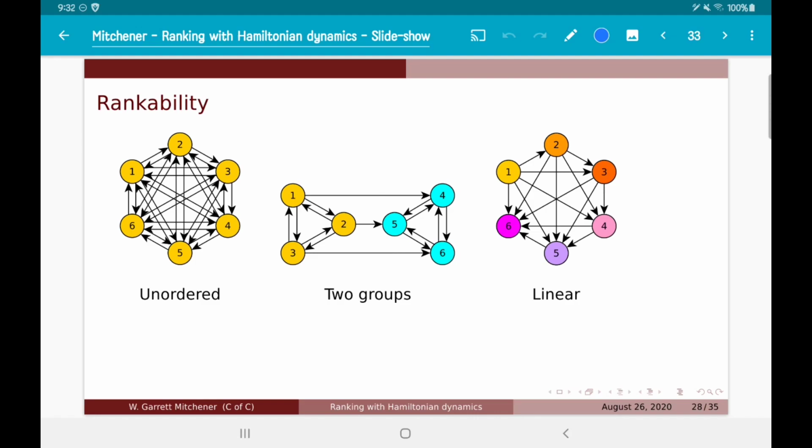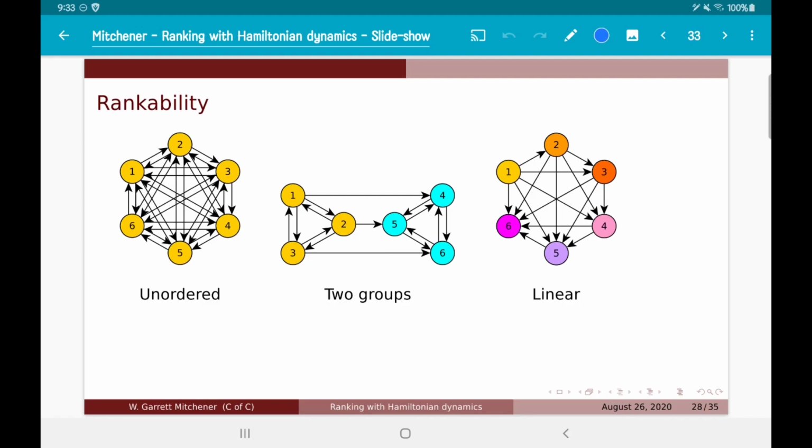At the time that we were talking about this, it looked like the only thing you could do was run your favorite ranking algorithm, and if the output made sense, then your data was rankable. We are still working on an algorithm-independent way of talking about rankability.